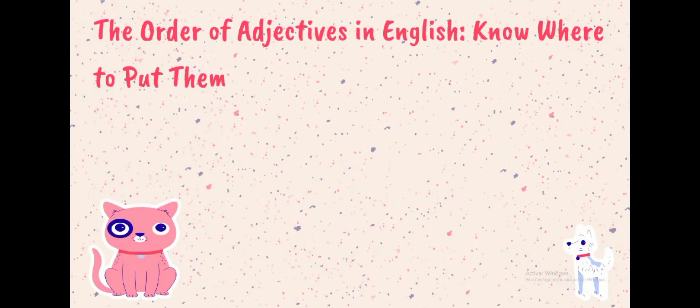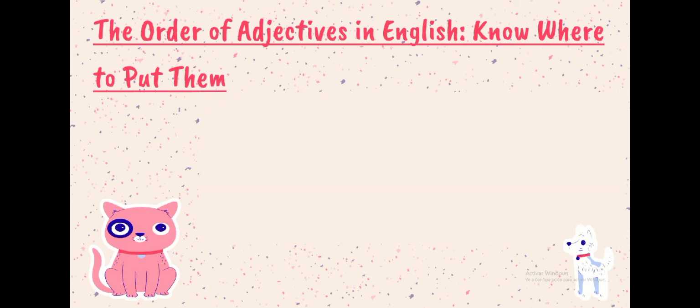The order of adjectives in English. They are always juxtaposed. They are placed one after the other without commas, as in Spanish, and they are always placed in front of the noun.